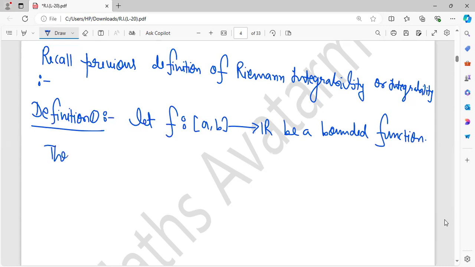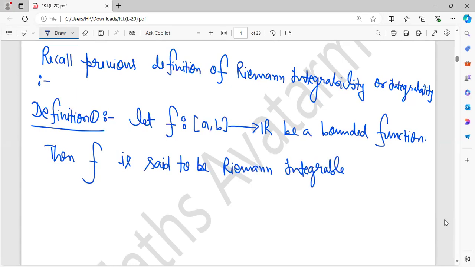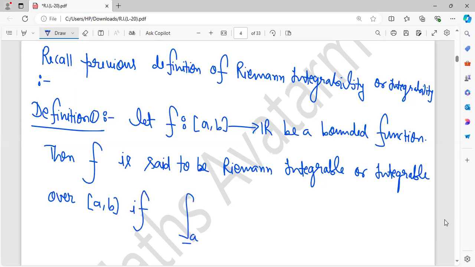Then f is said to be Riemann integrable, or integrable, over the closed interval [a, b] if the lower integral from a to b is equal to the upper integral.